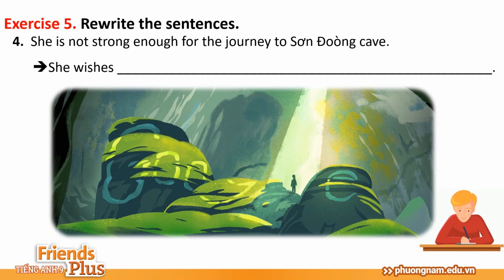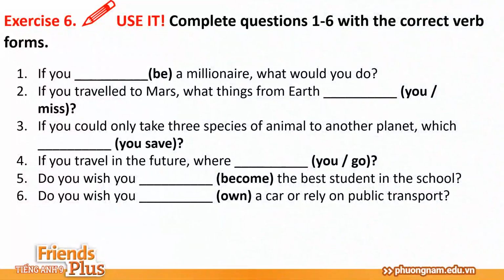She is not strong enough for the journey to K12 cave. She wishes she were strong enough for the journey to K12 cave. Exercise 6. Complete questions 1 to 6 with the correct verb forms.